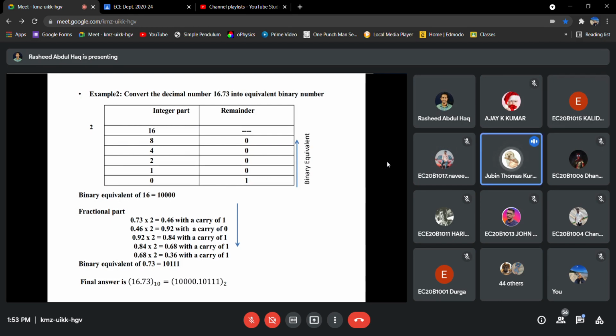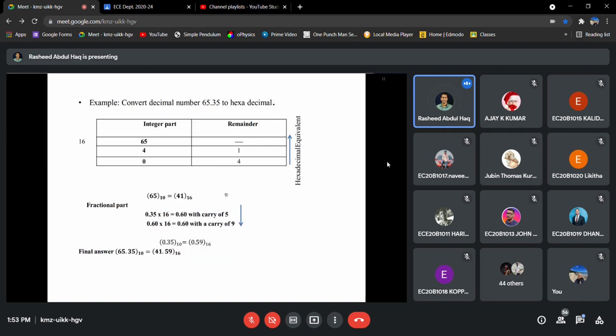Jubin Thomas 14, both present, sir. 16, 17, 18, 19, present, sir. 20, present, sir.